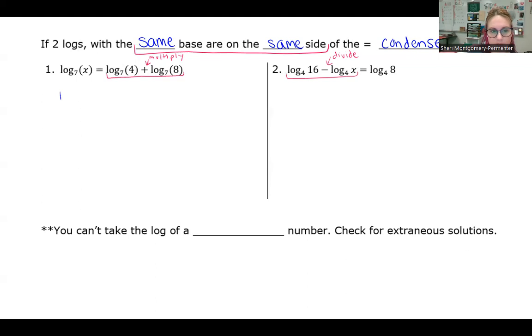All I'm doing is condensing that side. Any questions over this first step where we're just condensing?